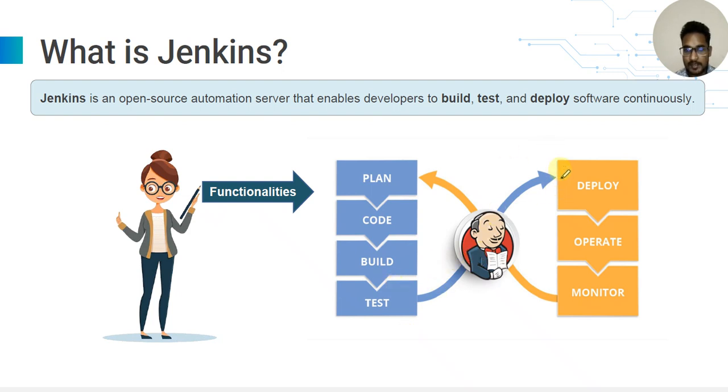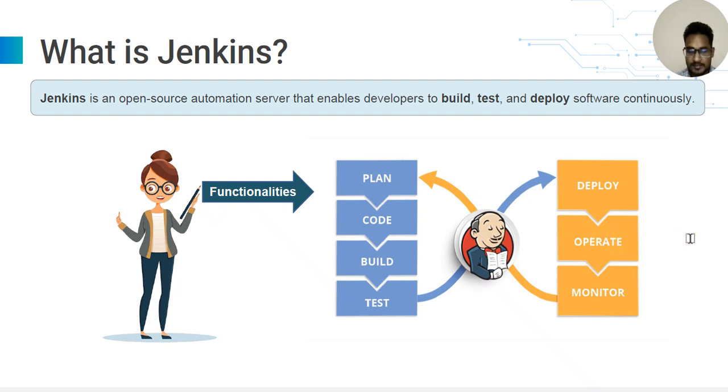And final is a deploy and operate. Final is a monitor. Any error, any issue, so Jenkins is a bug. Okay. First plan, code, build, test, and deploy, operate, and final is a monitor. So build, test, and deploy.